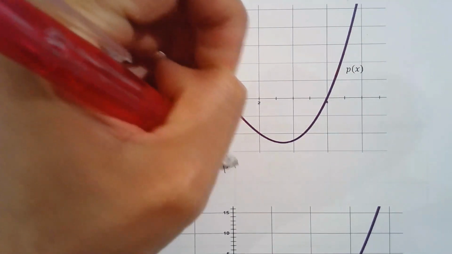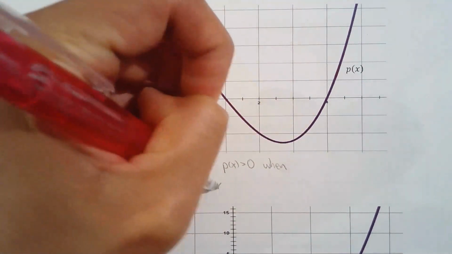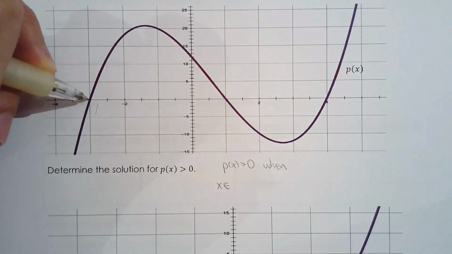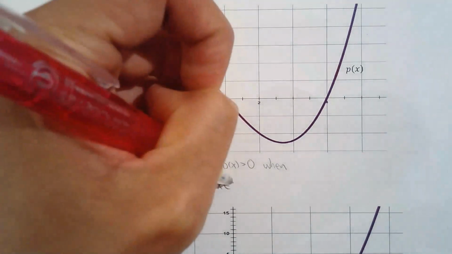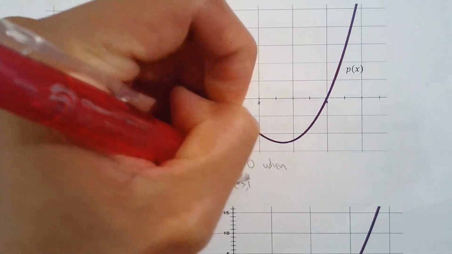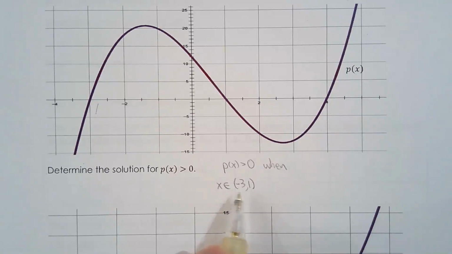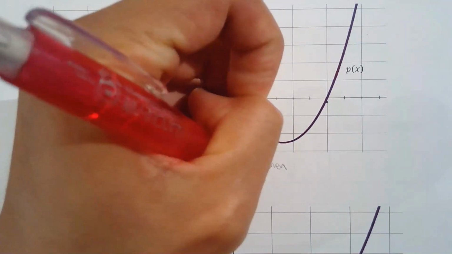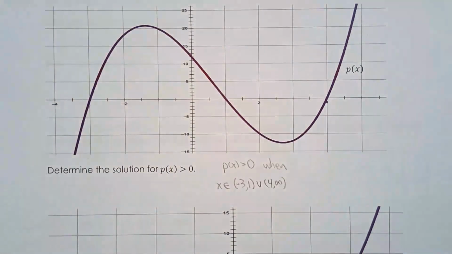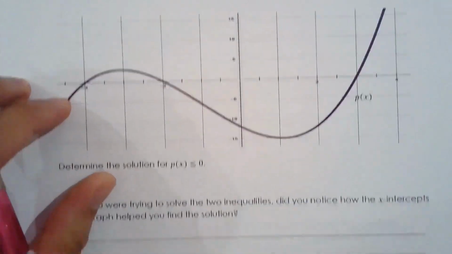P of x is greater than 0 when x is, let's see, negative 3 to 1. I'm not including negative 3 and 1 because at negative 3 and 1, it's equal to 0. It's not when p of x is greater than or equal to 0, just when it's greater than 0. Or when it's greater than 4. Okay, beautiful. All right, let's do one more.